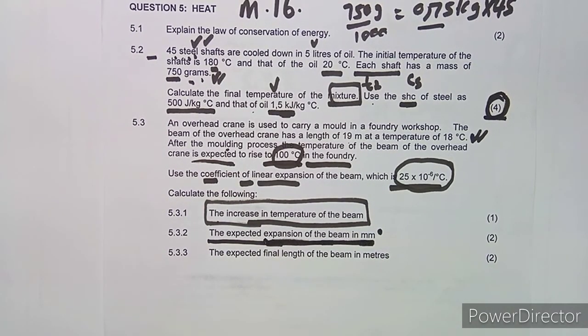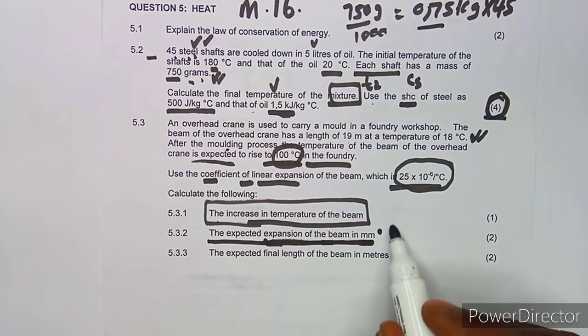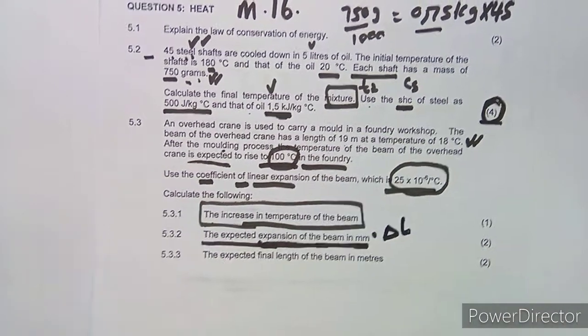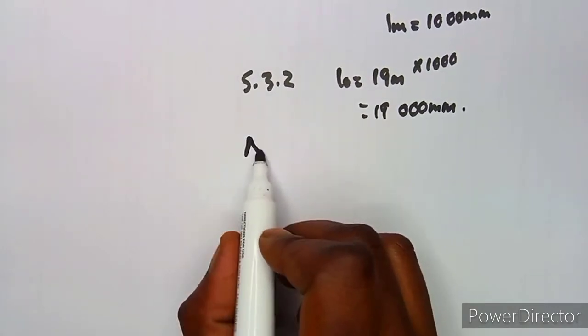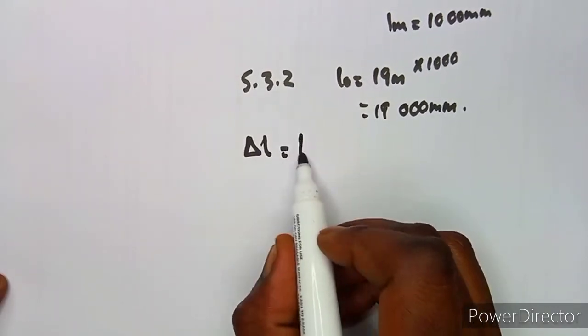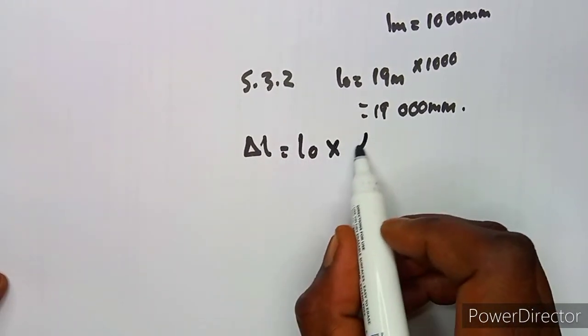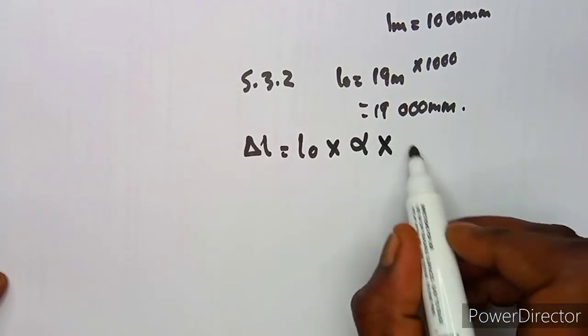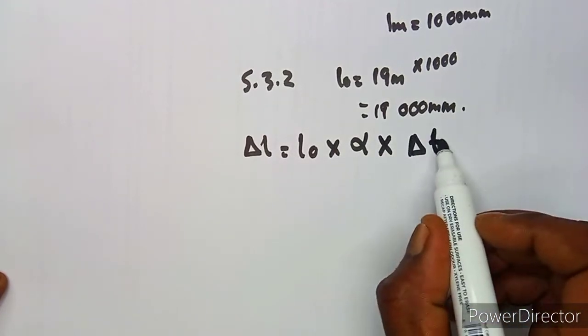Not just the expansion, that is the change in length. So remember, the change in length is equal to the original length times the linear coefficient of expansion times the change in temperature.